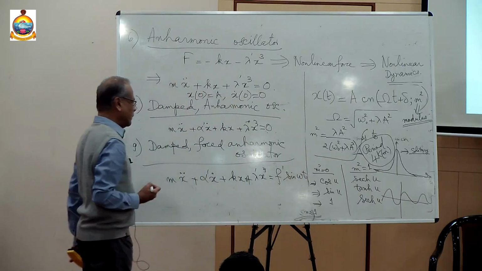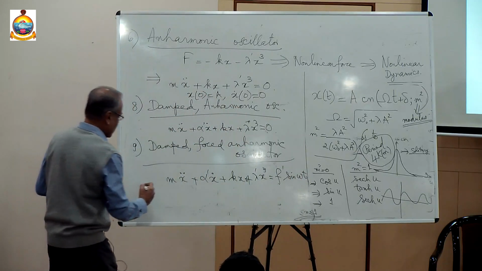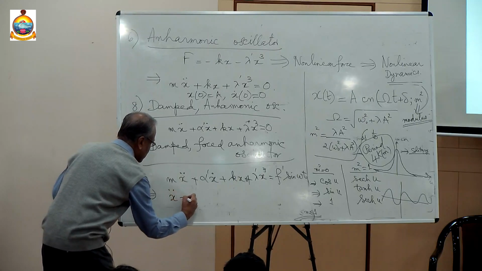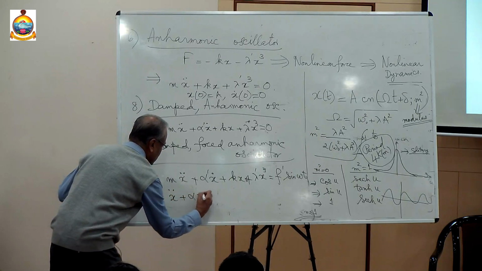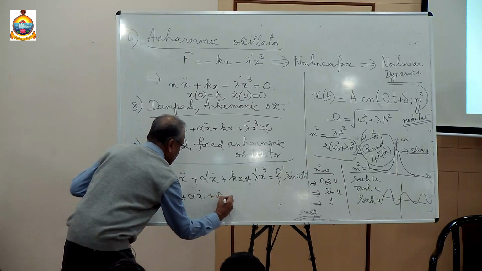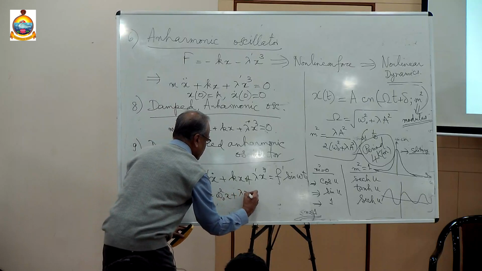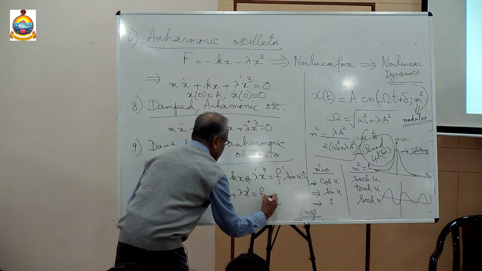Again, with impressed frequency omega, dividing by m throughout, I have ultimately the equation of interest: x double dot plus alpha x dot plus omega naught square x plus lambda x cube equal to f sin omega t.